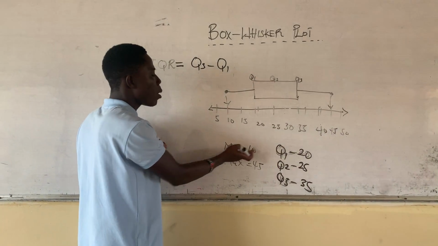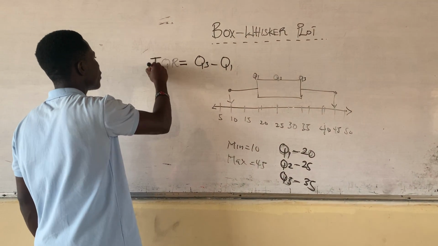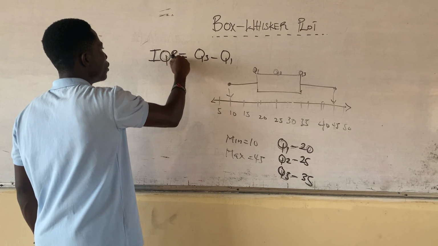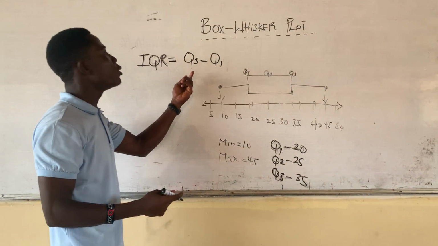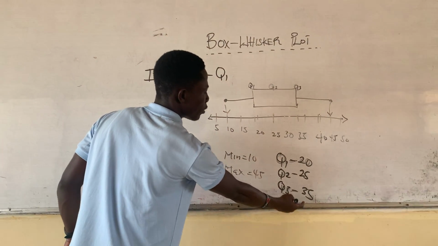Now we know our minimum number and we know our maximum number. To find the interquartile range, we find the difference between the third quartile and the first quartile. Here our third quartile is 35.